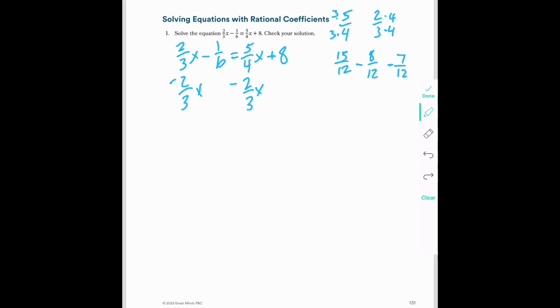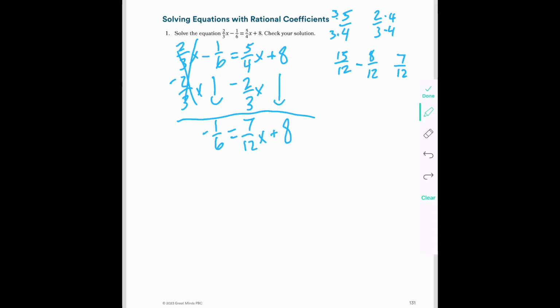Okay, so now if we continue, that means this is now gone, right? I still have the negative 1/6 is equal to 7/12 x, still have the plus 8.